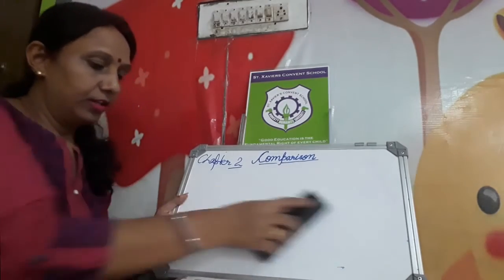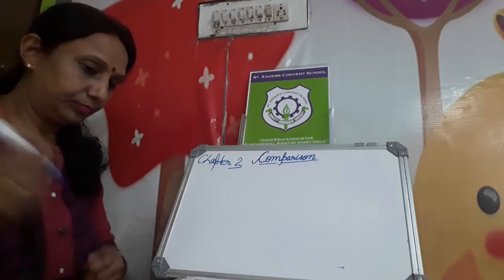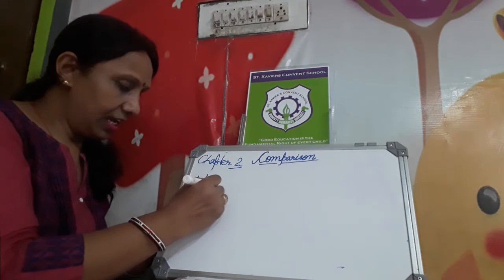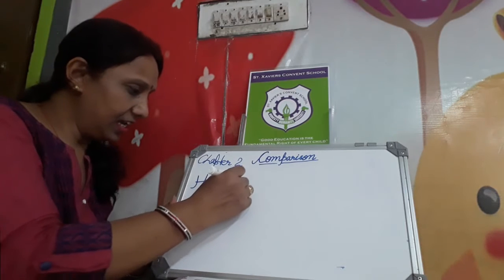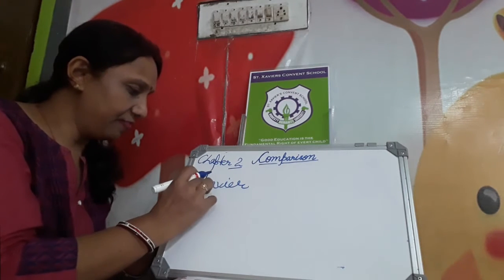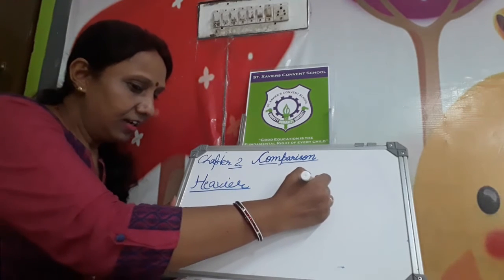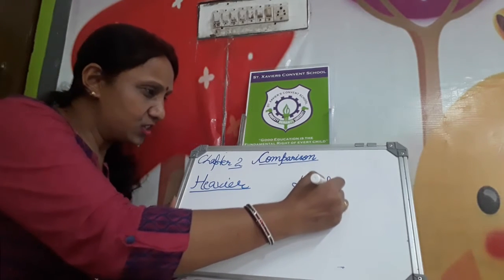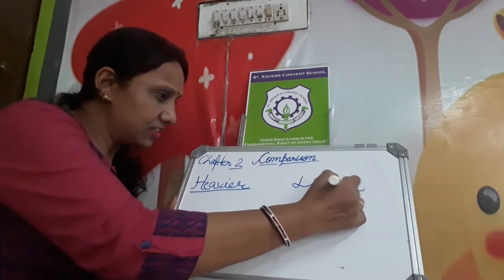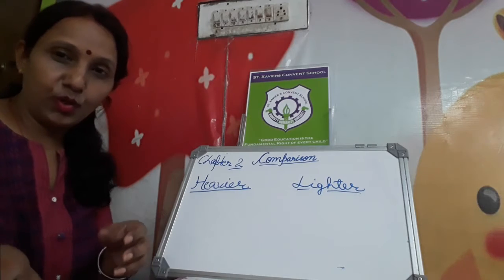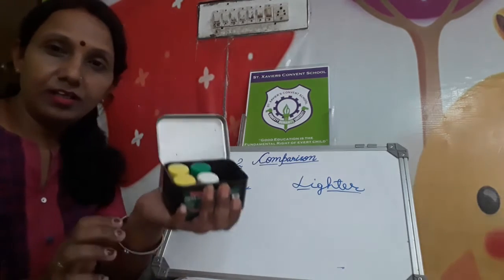Now, next we will study heavier and lighter. Alright? Spelling of heavier, heavier. Heavier means heavy things. And lighter, lighter, light things. Two objects, I'll show you here this box with colors.